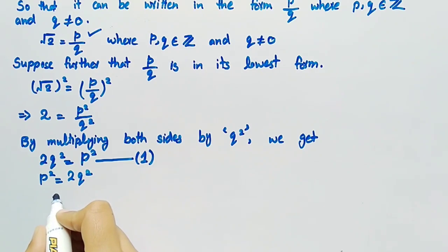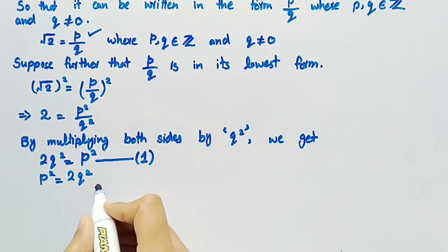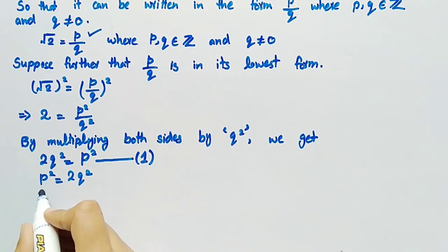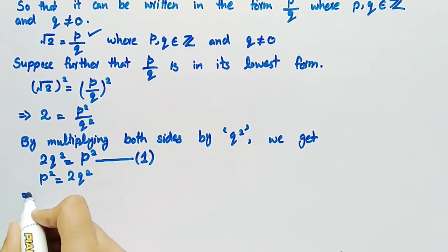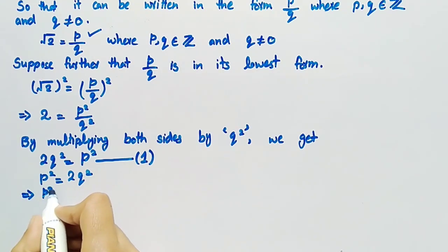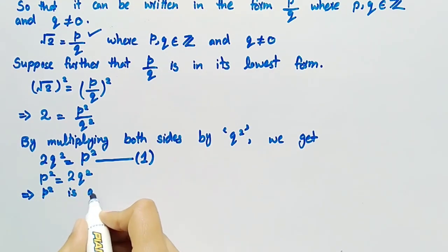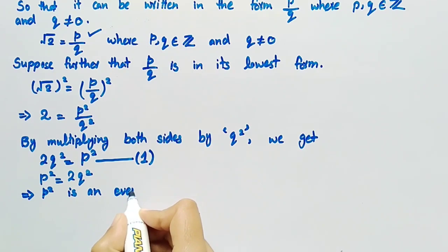P square is equal to 2Q square means that P square is a multiple of 2. If P square is a multiple of 2, it means that P square is an even number, since every multiple of 2 is an even number. So we can write it as P square is an even number.